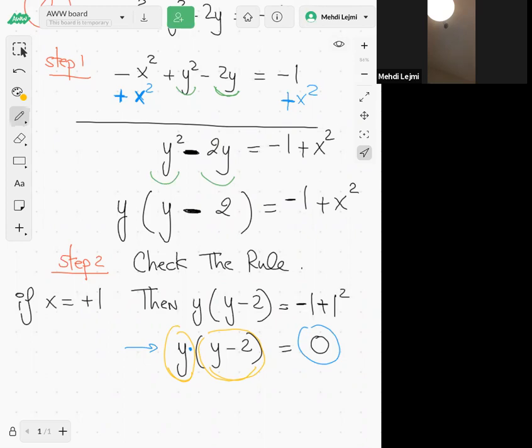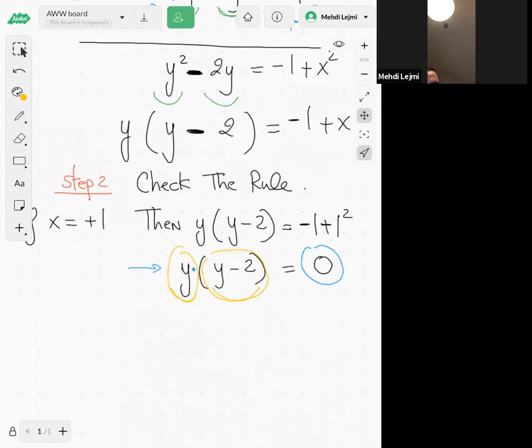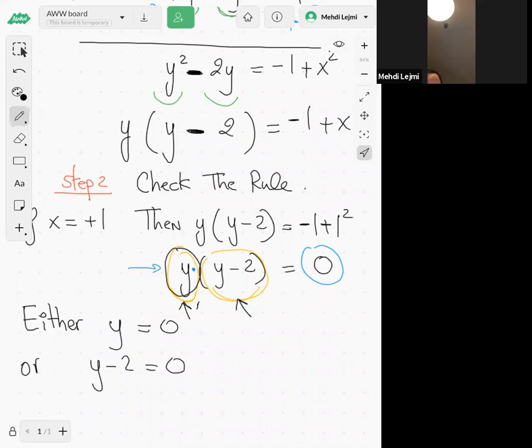So because the product here is 0, then either this y is 0 or this y minus 2 is 0. Again, guys, y here is a number, times y minus 2, which is another number.